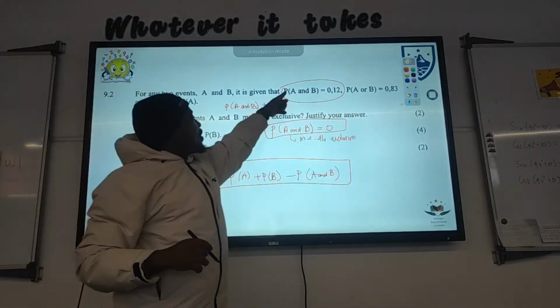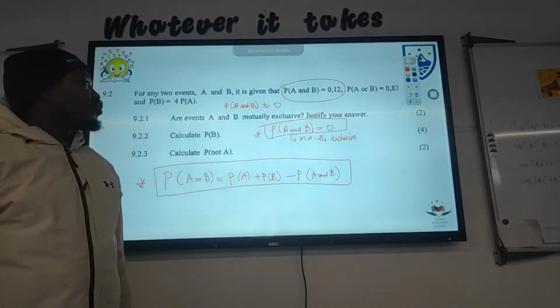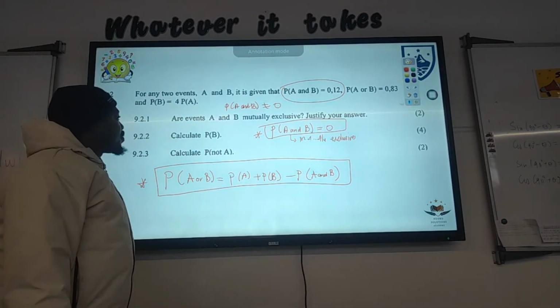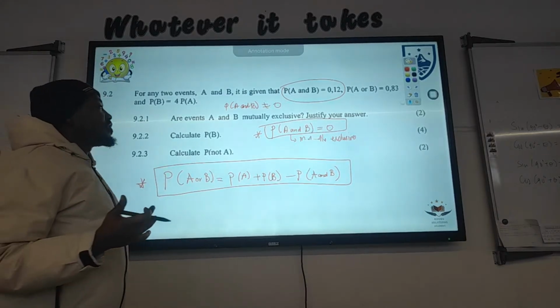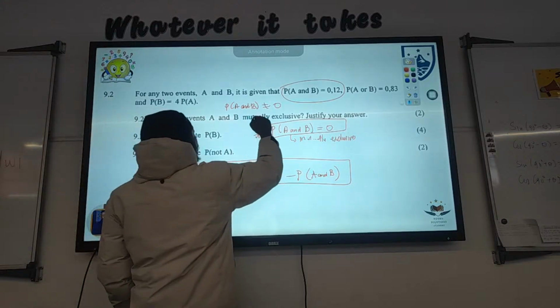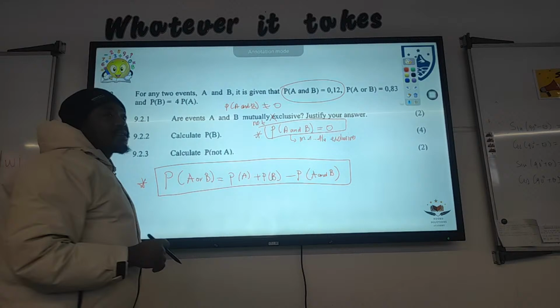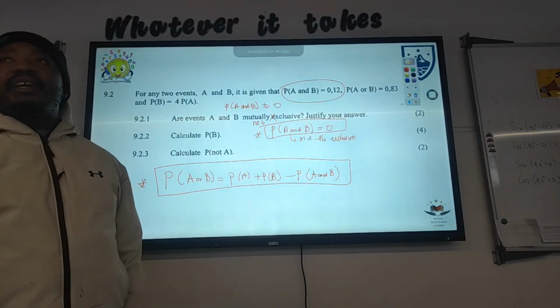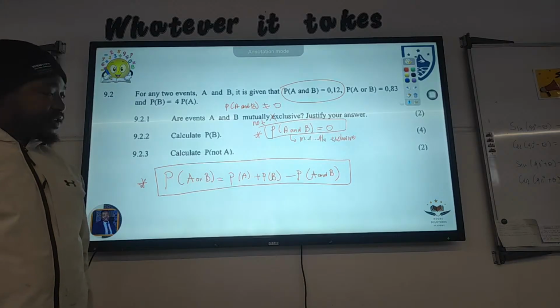Or you can write P(A and B) is equal to 0,12, which is not equal to 0. Just to show that you understand what actually justifies your answer to say these two events are not mutually exclusive. It's because the probability of A and B happening at the same time is not equal to 0.